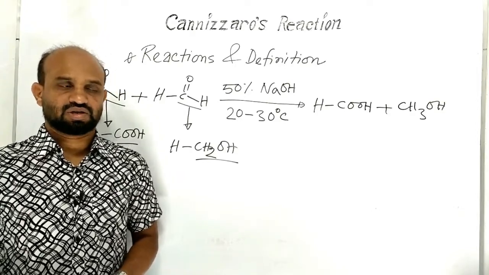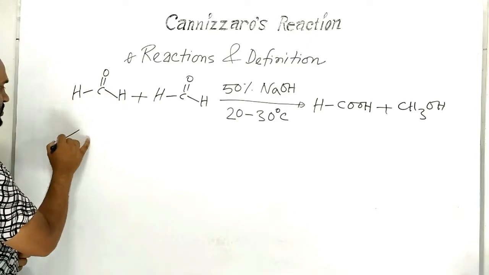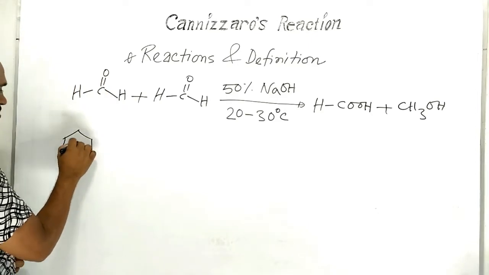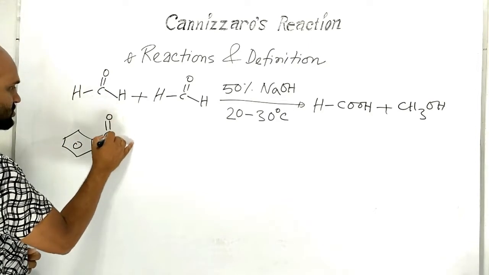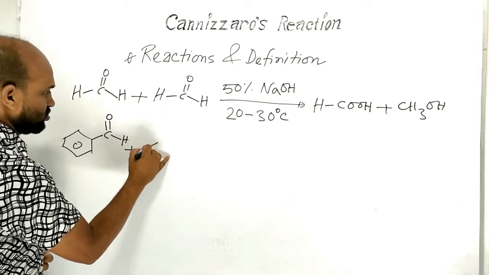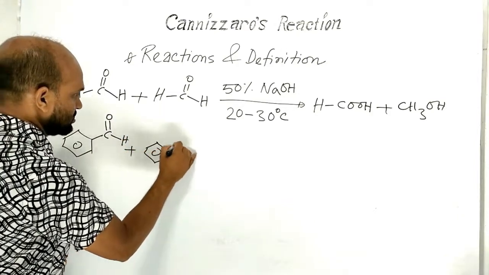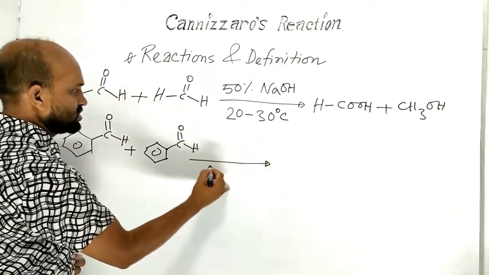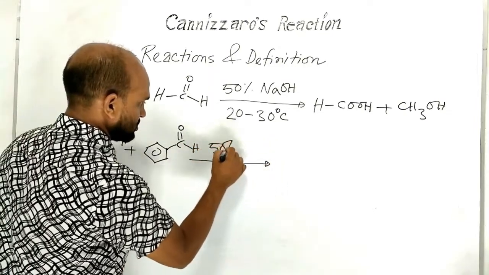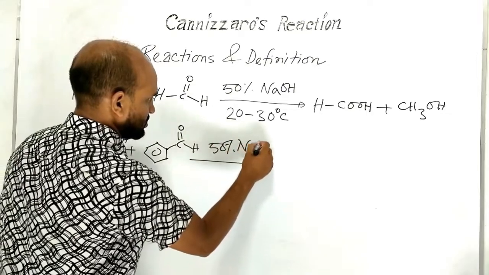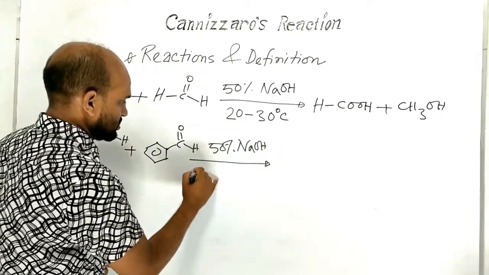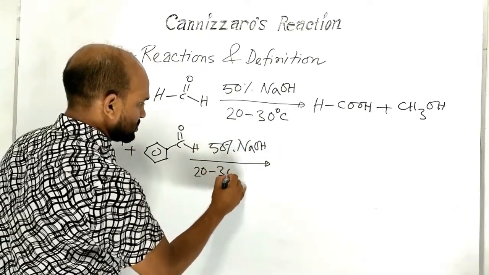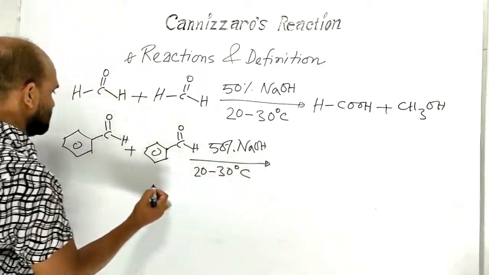Let's see another reaction. Benzaldehyde. Another molecule of benzaldehyde treated with concentrated alkali at the temperature 20 to 30 degrees Celsius.